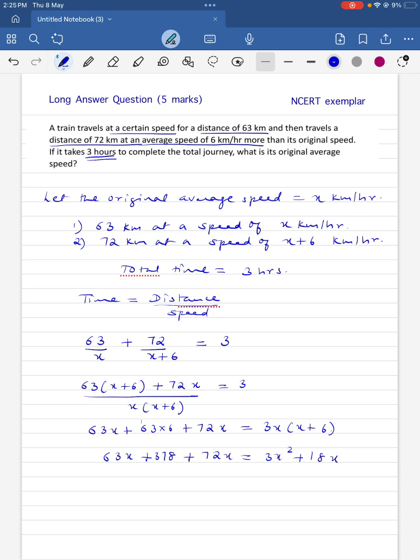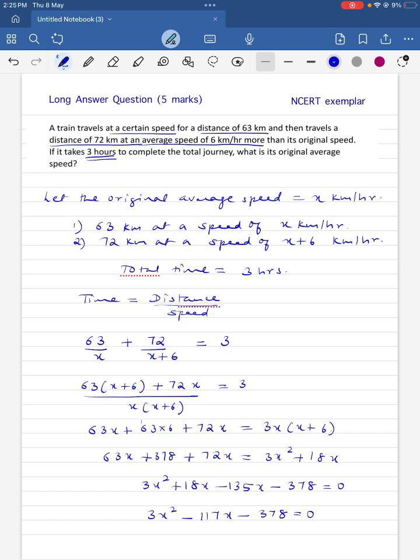So when we simplify it, we would get 3x squared plus 18x minus 135x minus 378 equal to 0. So that's 3x squared minus 117x minus 378 equal to 0.